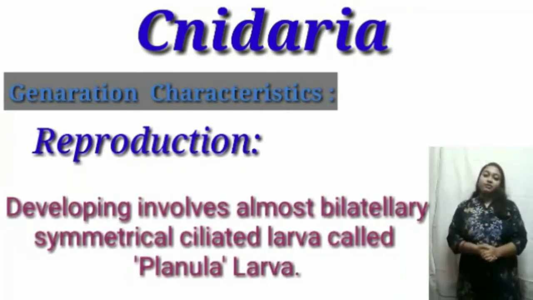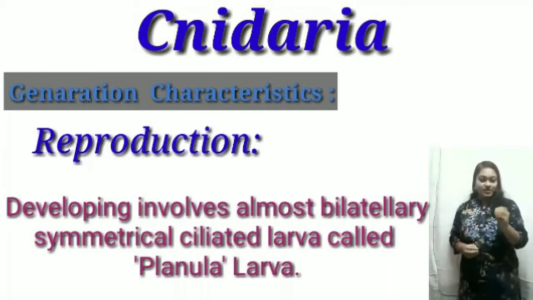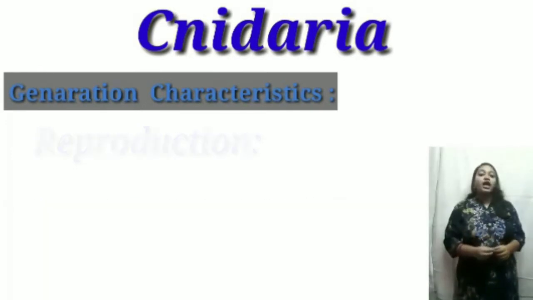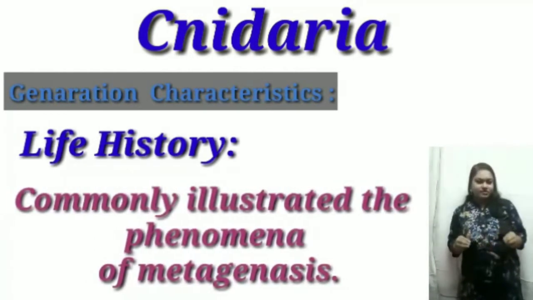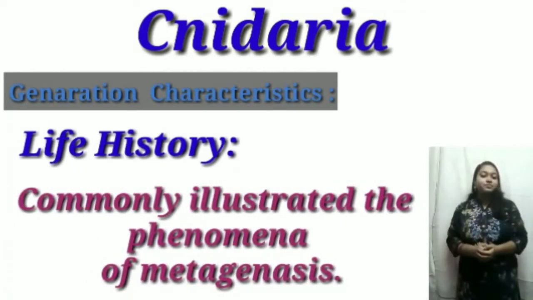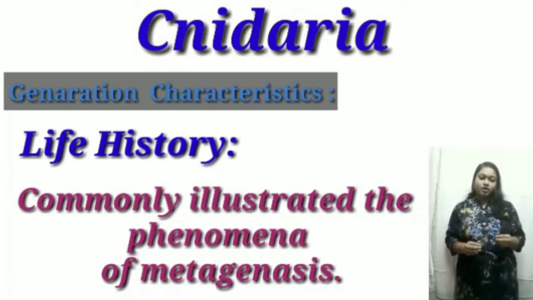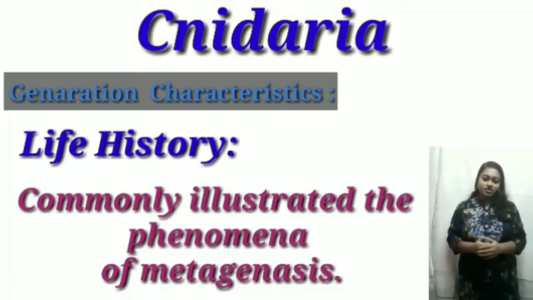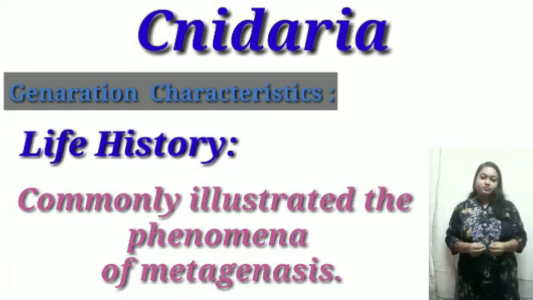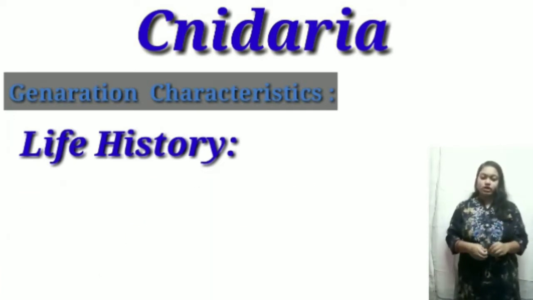Then the larva, they show a specific larva which is planula larva. Their life history is commonly illustrated by the phenomenon of metagenesis. Metagenesis is a topic you can learn in further studies. Know the term for now.